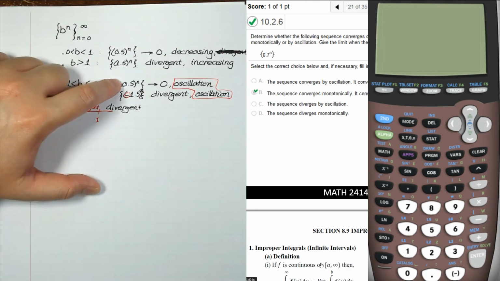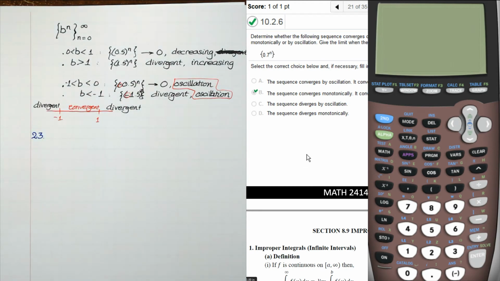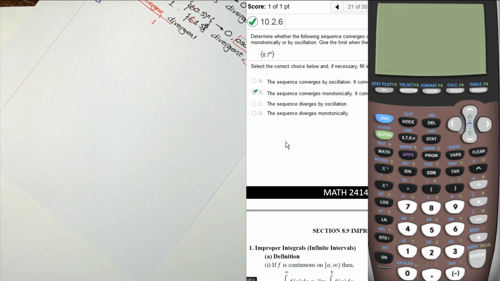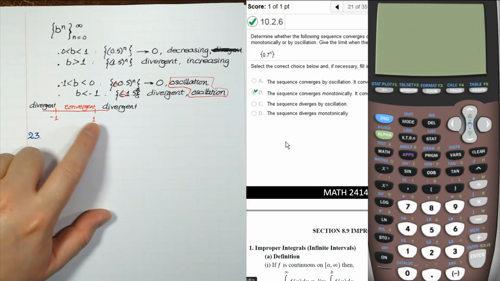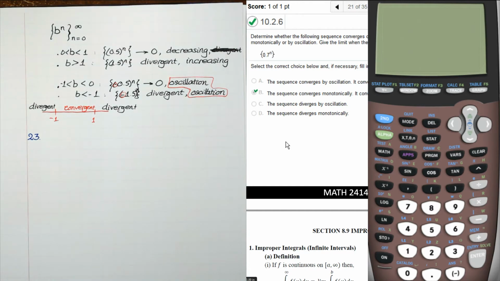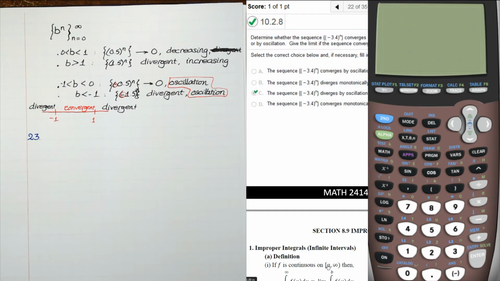So negative will be oscillation, and then positive either increasing or decreasing. Between -1 and 1, convergent, outside divergent. I'm sure I will emphasize that in section 10.2.